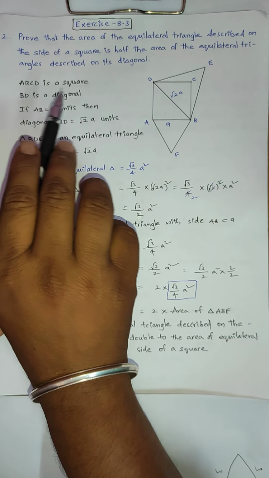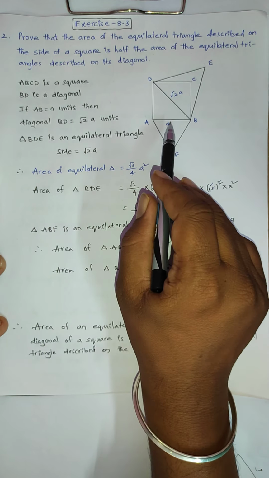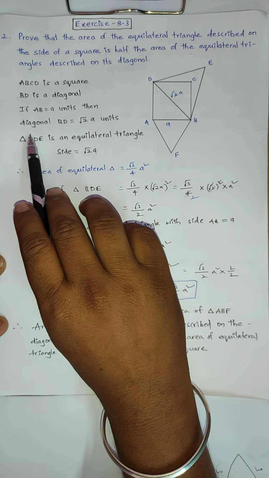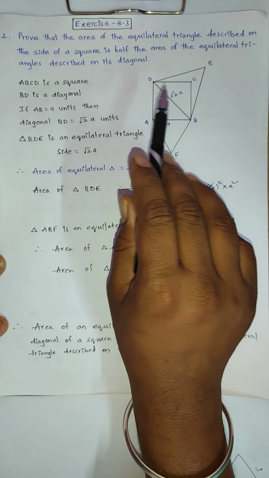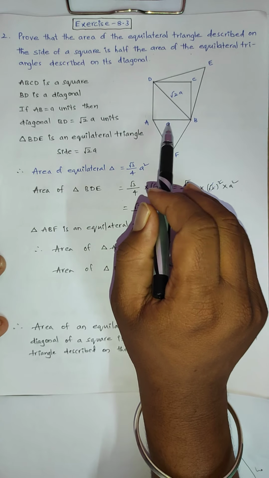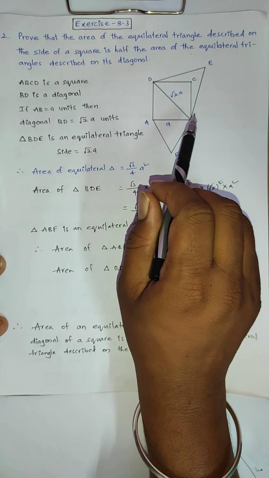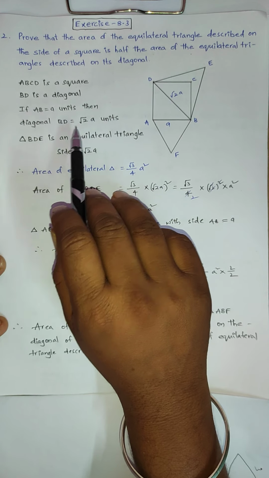Assume that the length of AB is A units. Then the diagonal, there is a formula in a square: if the side of a square is A, then the diagonal of the square is root 2A. This is a formula.